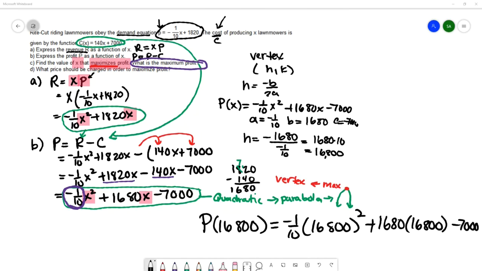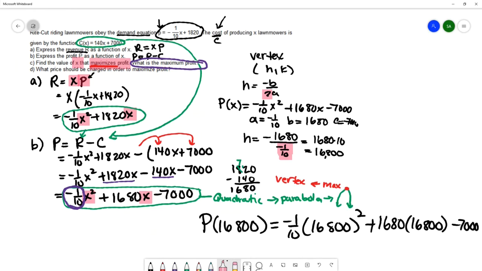Okay, so I got so caught up in dividing by a fraction that I didn't use the vertex formula properly, so let me make that correction. I'm going to point out where my mistake is before I do any erasing, so in case you were following along, you can make the same correction. In the vertex formula, we want to do negative b over 2 times a, and you can see here that I only divided by a and not 2 times a.